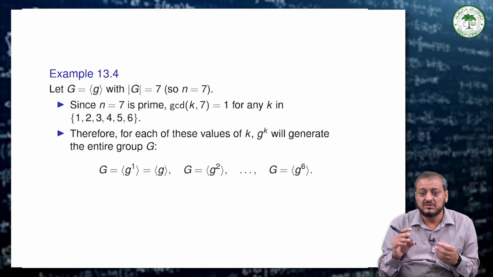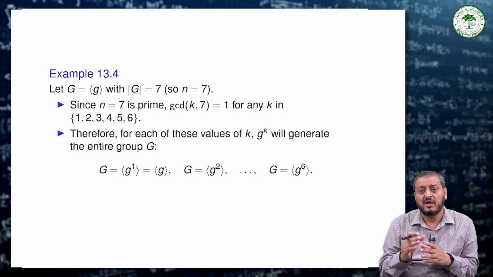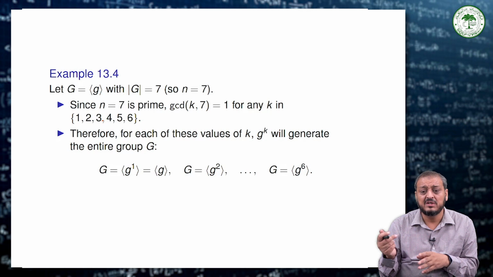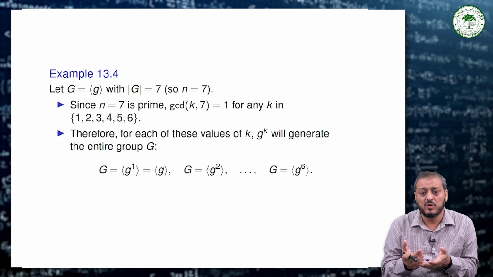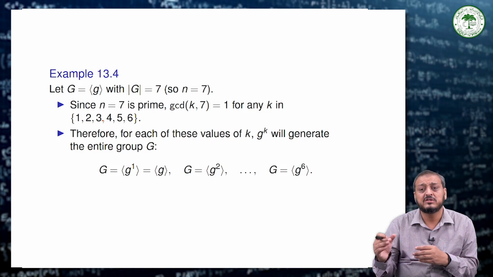Because 7 is prime, the GCD of k and 7 is equal to 1, and then g to the power 1 is a generator, g squared can generate the whole group, similarly g cube and all the way to g to the power 6.